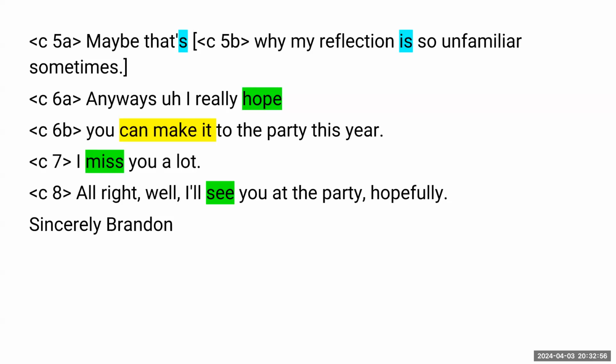That's the S, the verb to be, is. Hope. I don't think there should be any disagreement about can make it, is doing. Miss. See. Mental.